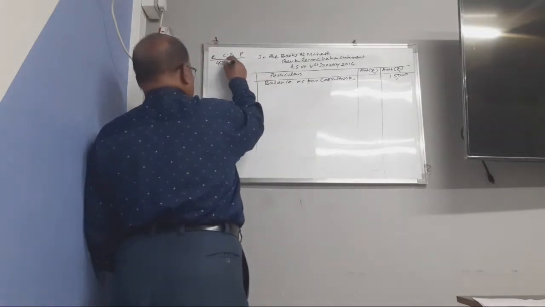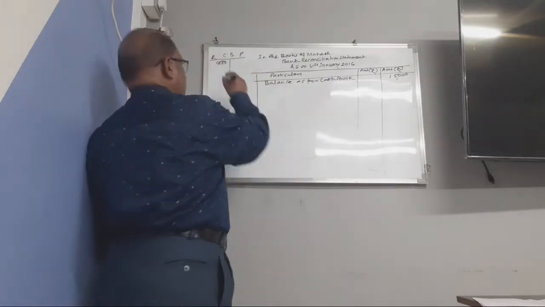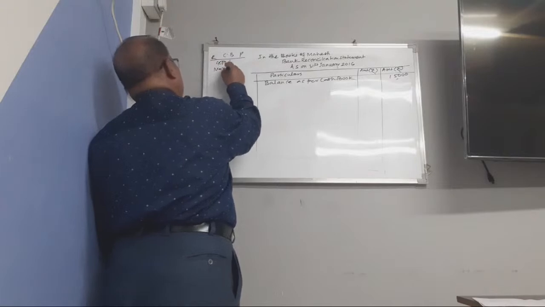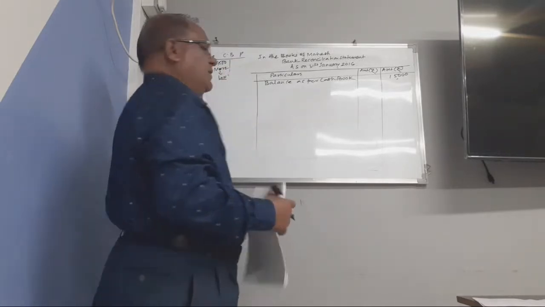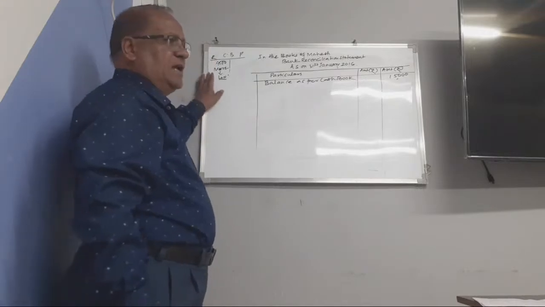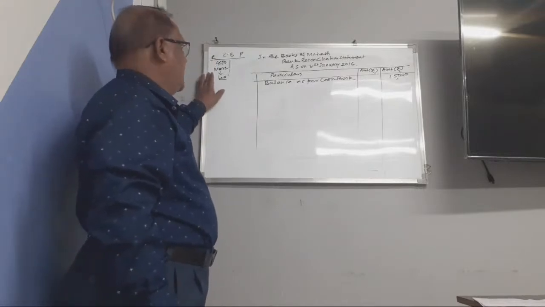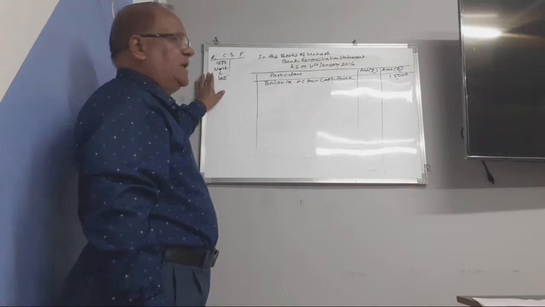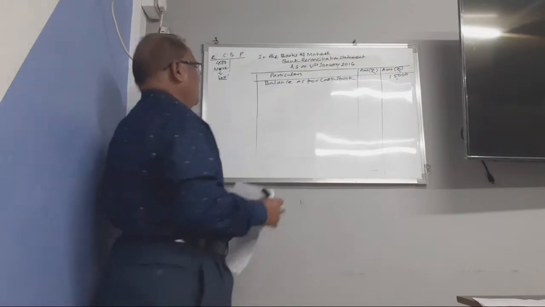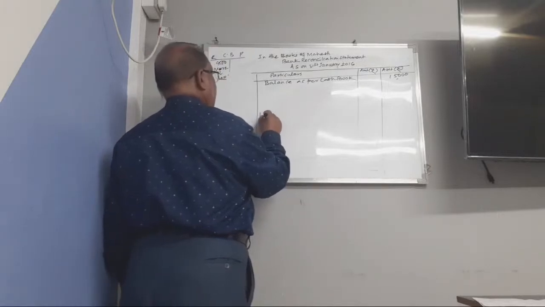So receipts will be there, and due to the receipt the balance will be more. When balance is more, then we have to deduct it. Because by depositing the money, the cash book shows more balance, and whenever the cash book shows more balance, as per the principle it will be deductible. Therefore, this item goes for less.